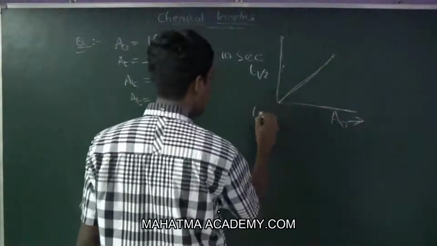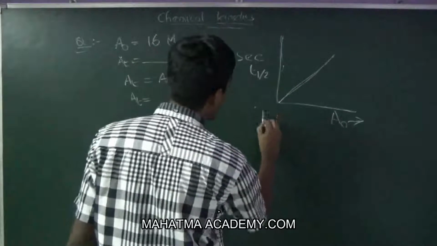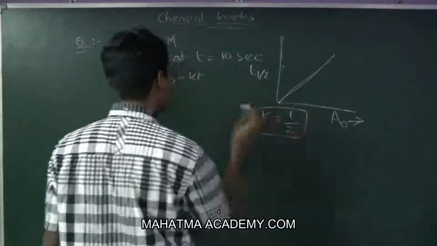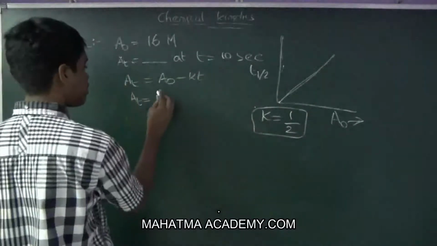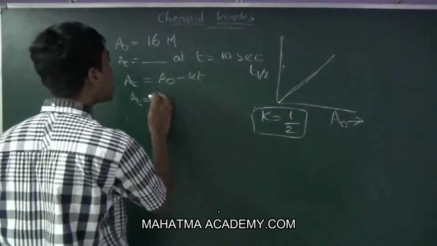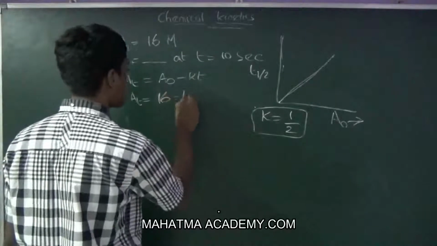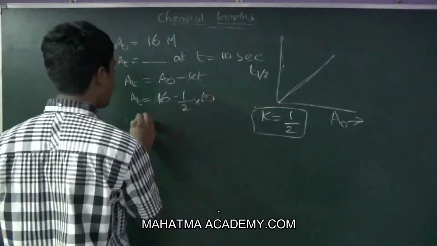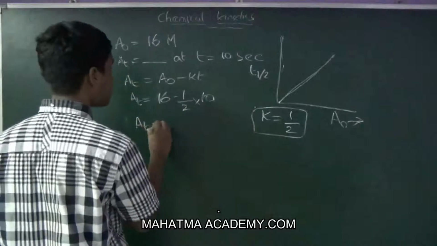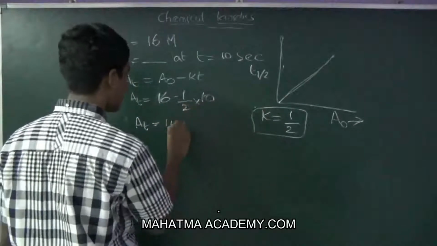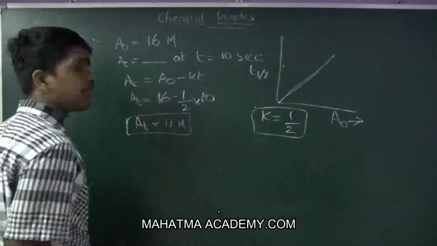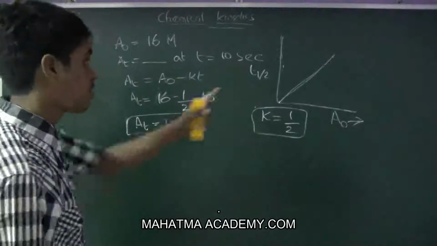So the k is equal to 1 by 2. So At will become 16 minus 1 by 2 into 10. So At will become 11 molar after 10 seconds. This is the simplest question based on the graph.